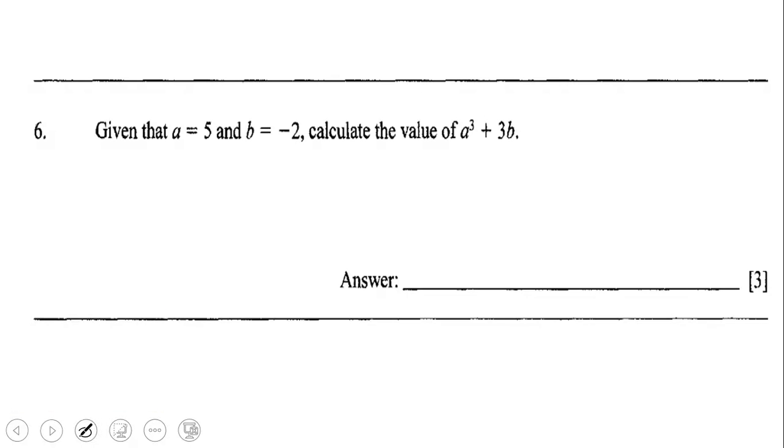Okay, now that you have attempted this question on your own, let us deal with this question together. Note that what the question wants us to do is calculate the value of a cubed plus 3b, and we are given that a equals 5 and b equals -2.